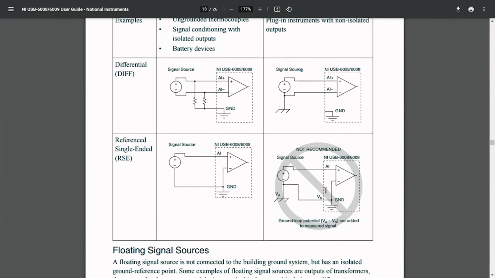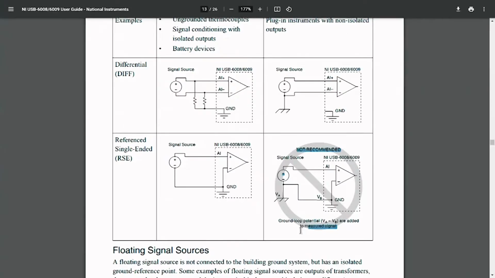What is not recommended in this USB DAQ configuration, which leads to ground loops, is connecting in this configuration, utilizing the ground of the source as well as the ground connecting to the ground of the USB device. It can have grounding loops across this, and it leads to an inaccurate output value, which will also contain some noise.